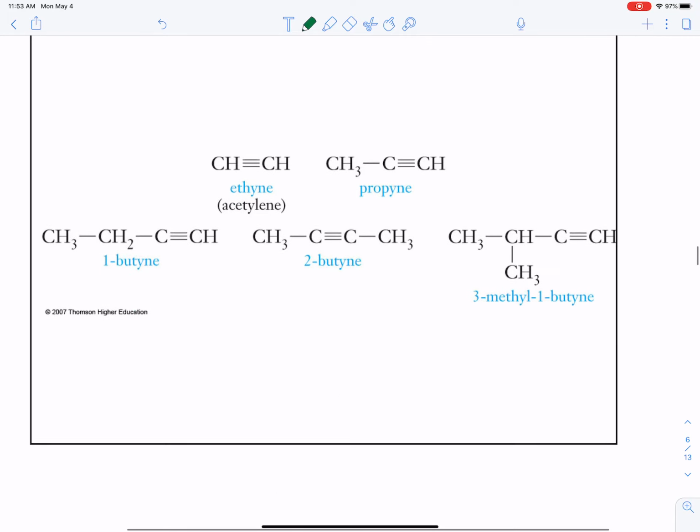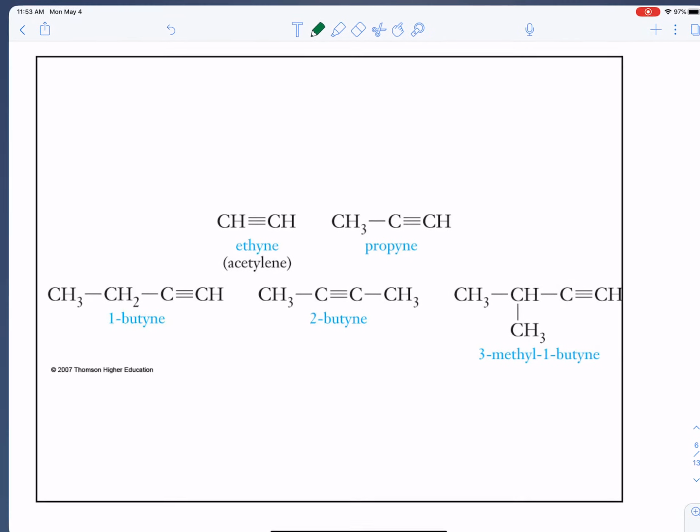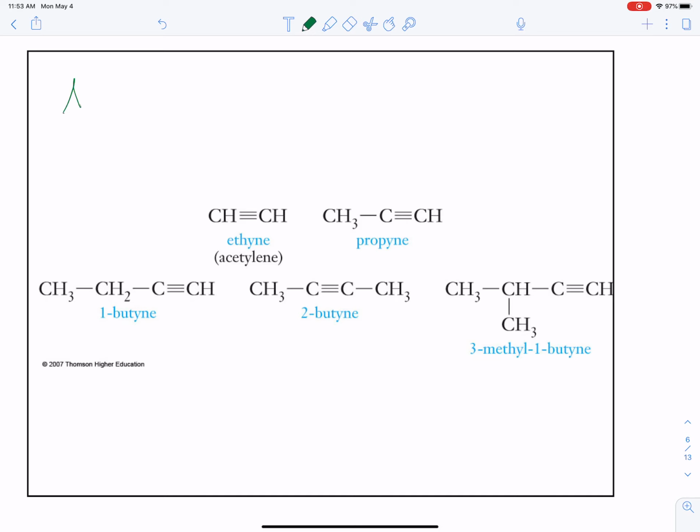All right, so now then, we don't just have to have alkanes and alkenes. So remember, an alkane is all singles, right? An alkene has one or more doubles, okay?